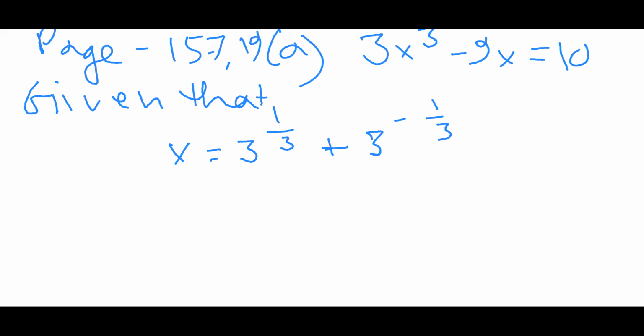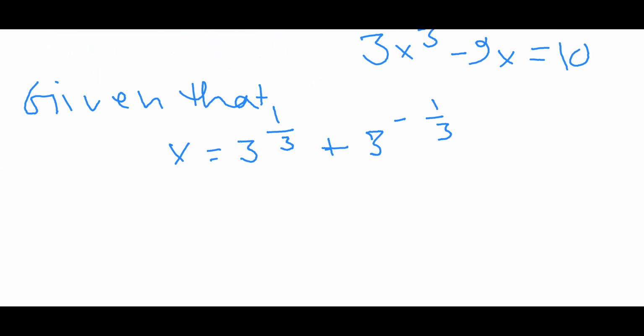I hope everyone will note this maths down with pen and paper, otherwise you won't understand the problem. In this type of maths, we must always keep the mindset that from the given portion we have to prove the portion in the question. Here the given portion is x equals 3 to the power 1 by 3 plus 3 to the power negative 1 by 3, and we have to prove 3x cube minus 9x is equal to 10.